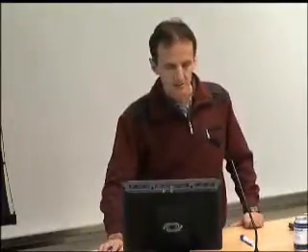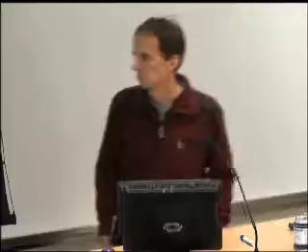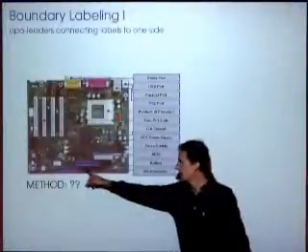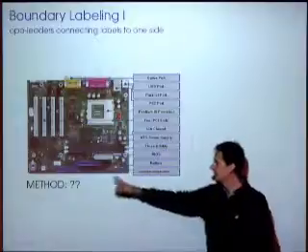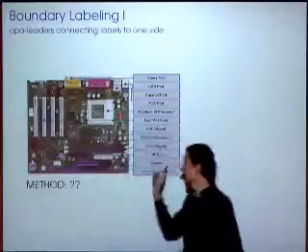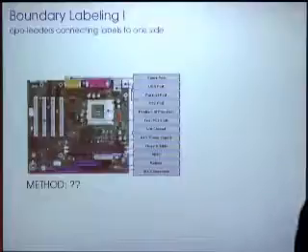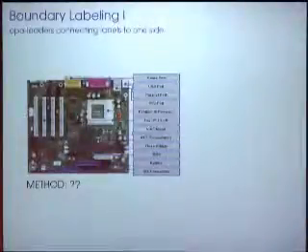So what's the method that avoids crossings of the leaders? Well, you start here, assign the first label to the first point, the second to the second, the third to the third. Very easy. So you just do a sweep line.